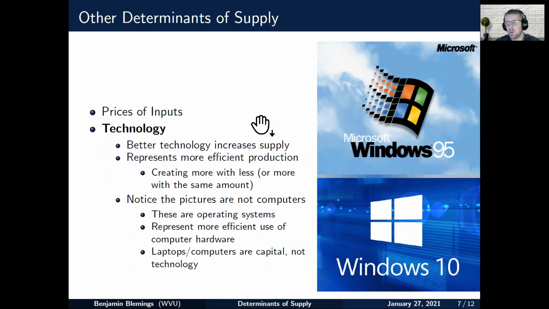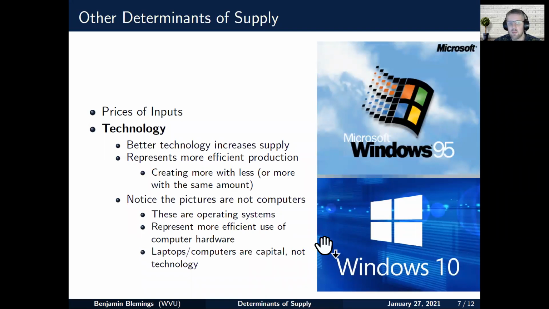While a computer is capital, the operating software that it uses, such as Windows 95, would be an outdated technology, whereas Windows 10 is a more up-to-date technology. Going from Windows 95 to Windows 10 is an increase in your technology, and it will shift your supply curve outwards.